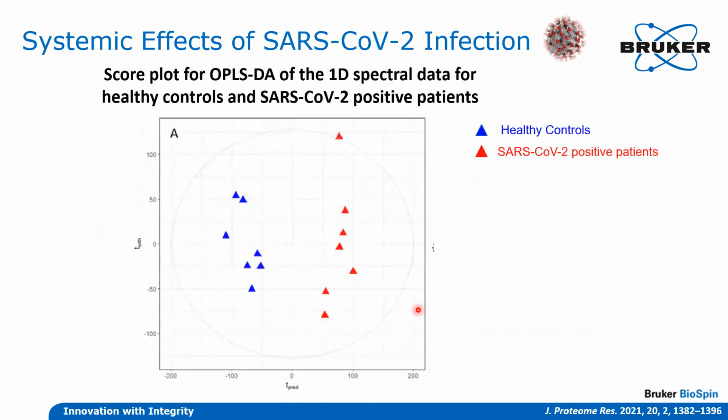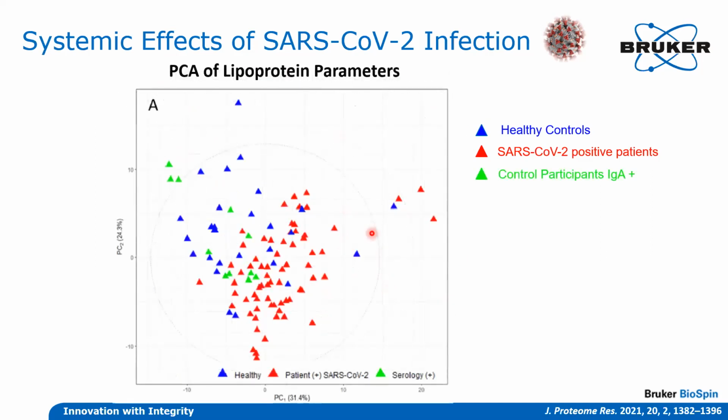This is another result from the same data, but plotted in OPLS-DA. Again, as you can see, there are very clear groups differentiating the healthy and the SARS-CoV-2 positive patients. This is another result from the lipoprotein. Just now was the full spectrum, but now they are looking at the lipoprotein parameters.